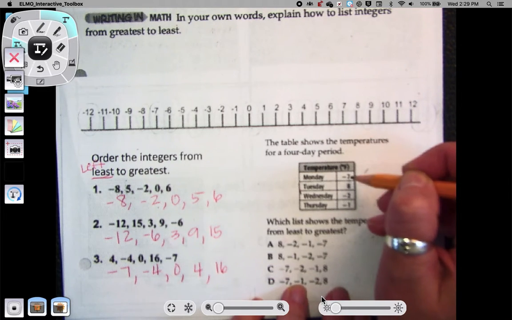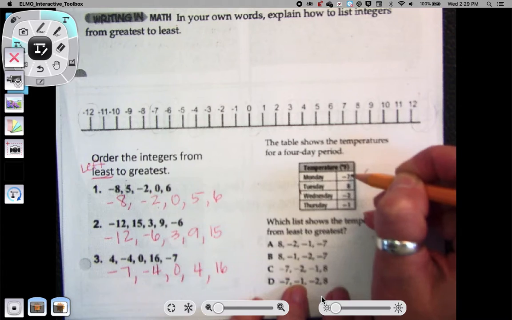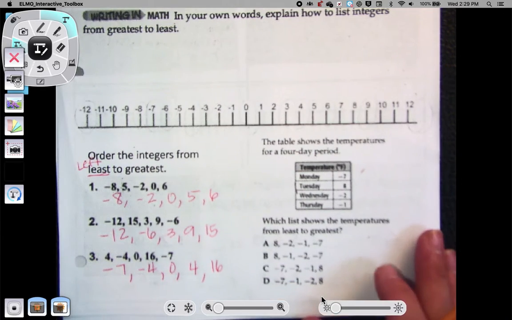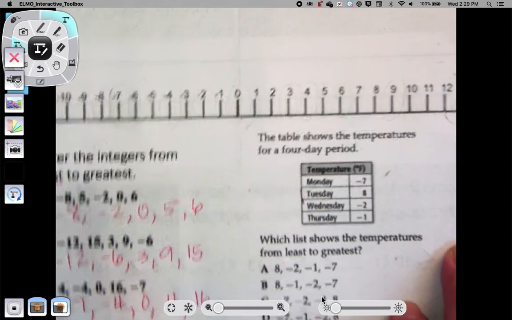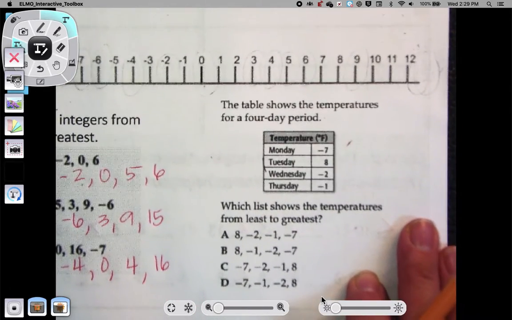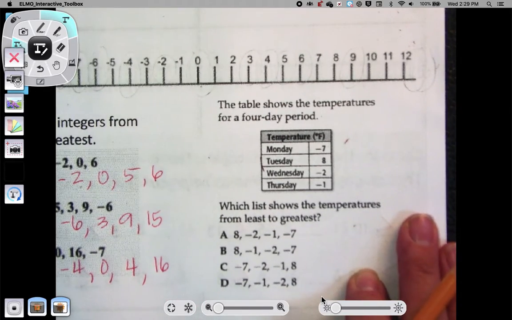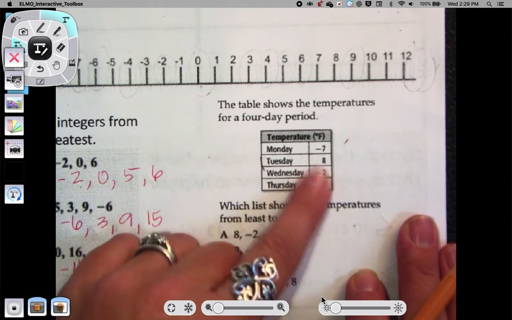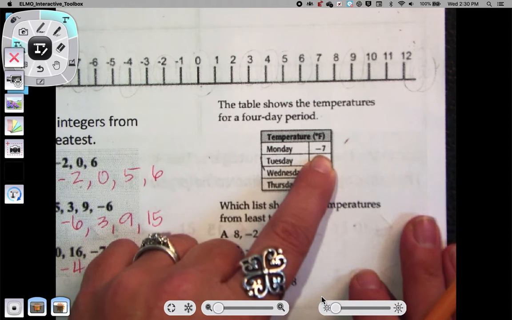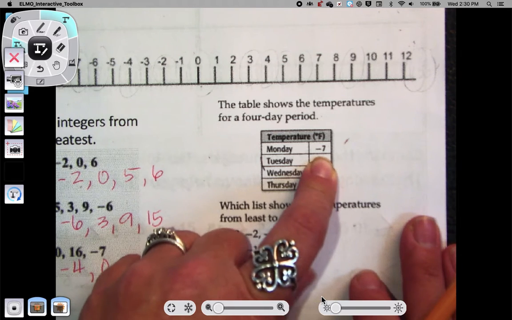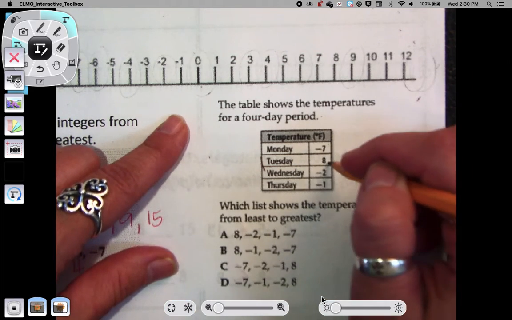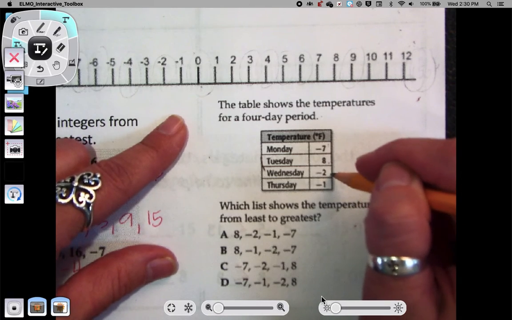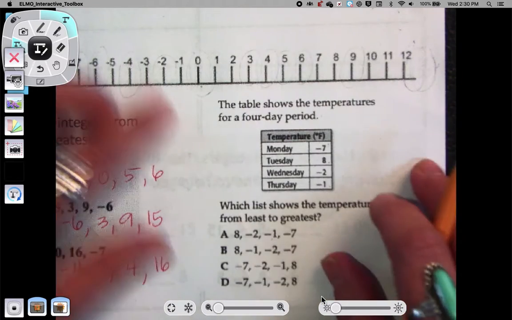Okay, we're talking about temperatures. Monday it was -7, or you could say 7 below zero. Now, we don't have temperatures very often that are below zero, but if you were listening to the weather on the news, they might say in New York it was 7 below or 7 below zero. That would be indicated with a -7. So we have 7 below zero, 8 degrees on Tuesday, 2 below on Wednesday, and 1 below on Thursday.